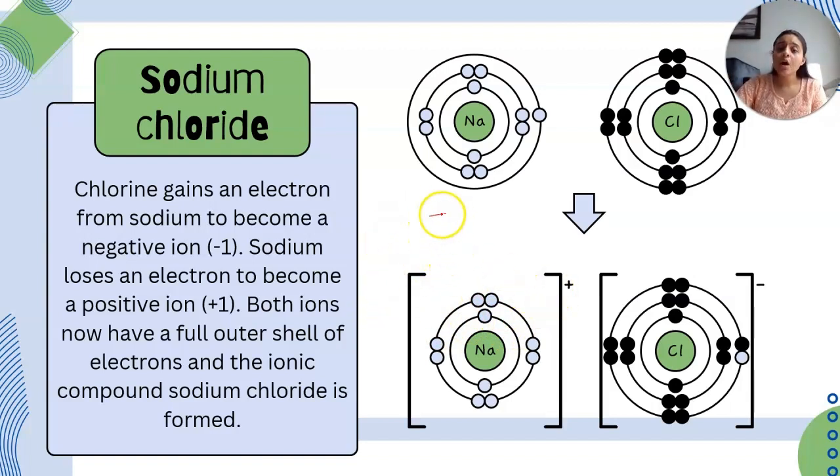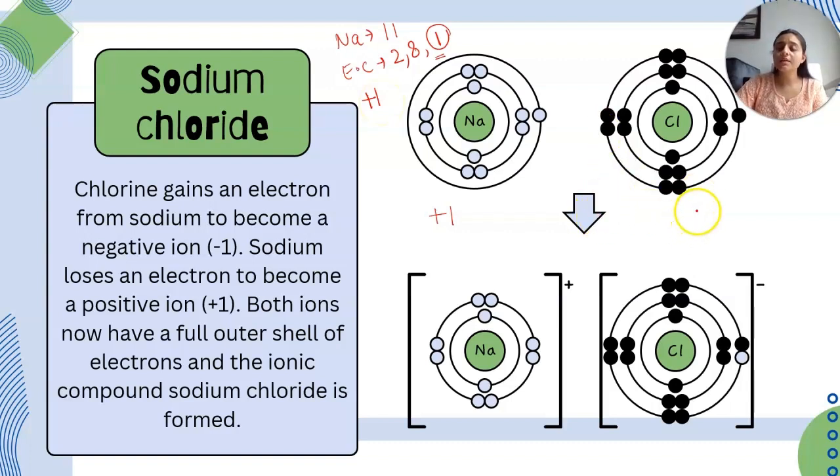It has positive 1, because how many delocalized electrons are present in sodium? We are going to see through the electronic configuration. As we already know, sodium's atomic number is 11. So what will be the electronic configuration? 2, 8 and 1. So this is the delocalized electron present in the sodium metal. Because it is a metal, it will be considered as positive 1.